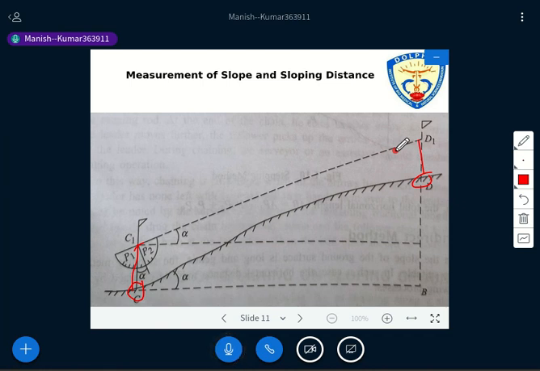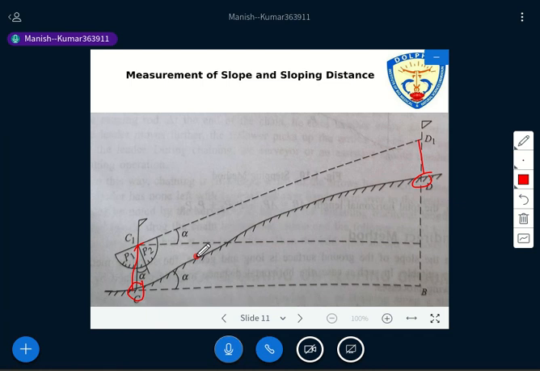Have you got that? Again I am repeating. First fix the ranging rods at points C and D, and mark 2 points, C1 and D1, on the ranging rods at C and D. Then fix the clinometer at C. Then incline the clinometer gradually until the points P1, P2, and D1 are in the same straight line. Is it clear? Right?